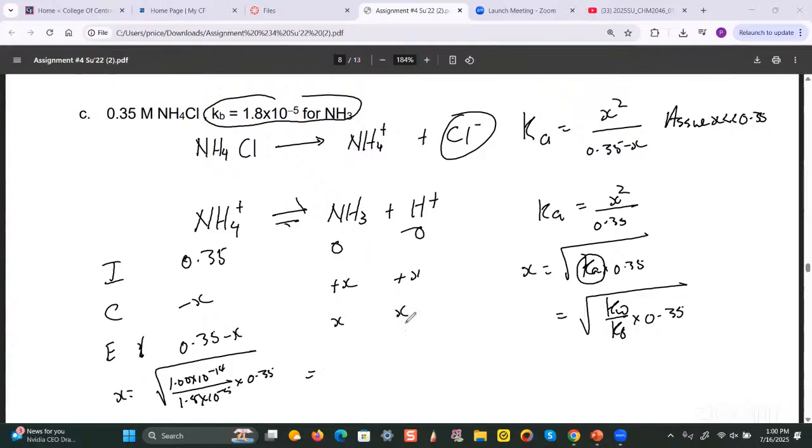Okay, so according to my calculation, rounded off to 2 sig figs, the answer should be 1.4 times 10 to the minus 5. Please correct me if I'm wrong, but that's what I got, all right? Okay, so that now would be equal to the concentration of H plus. So what's the next step? Percent dissociation. How do we calculate that?